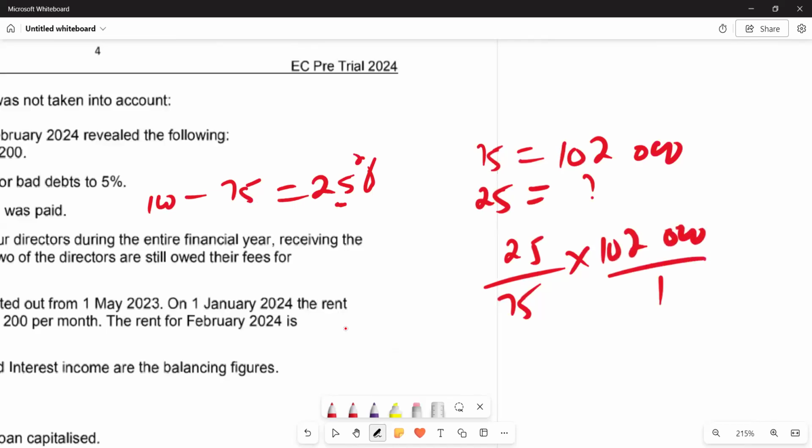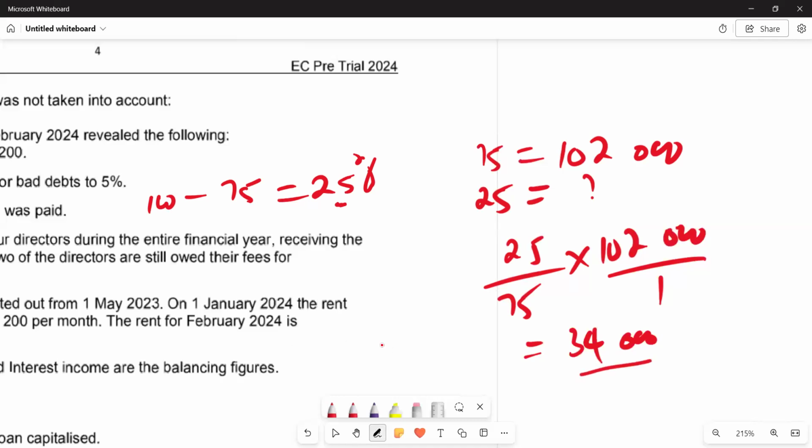You say 25 times 102,000, and then you divide by 75. The answer that we are supposed to get is 34,000. So this is what we have in terms of the audit fees that are still outstanding.